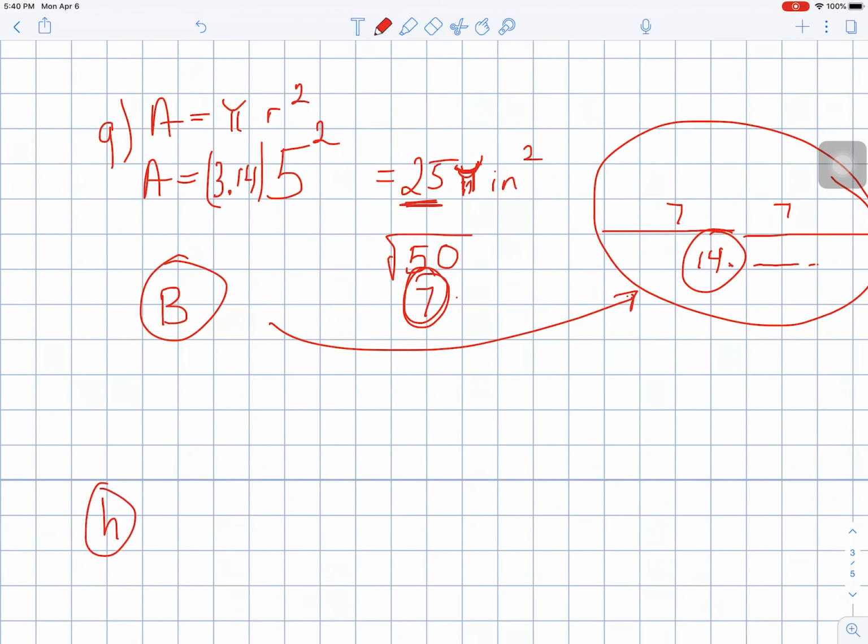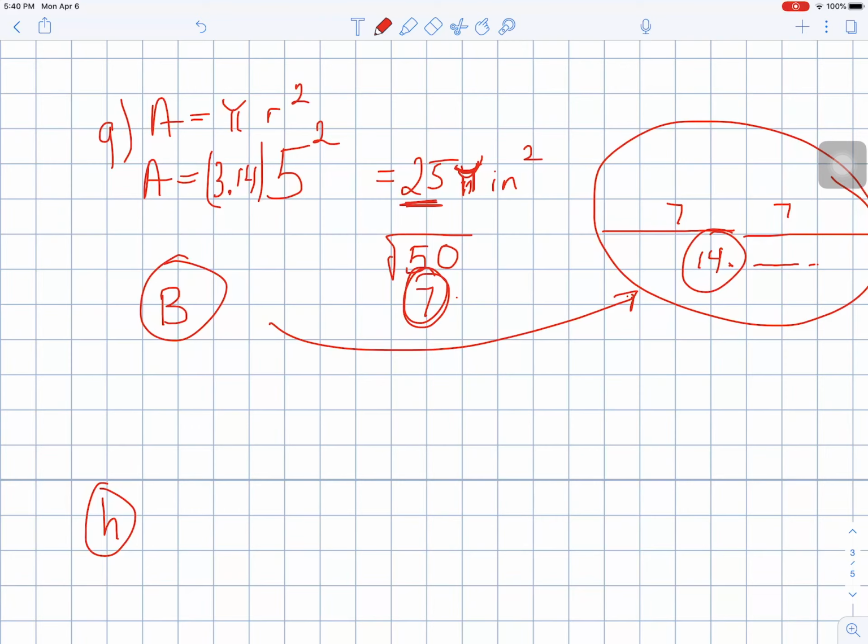Okay, so that's G. H says, if a 6-inch diameter balloon holds a pint of water, how much does a 6-inch radius balloon hold? So we need to find a solution for this. So let's go slowly through the logic, right?